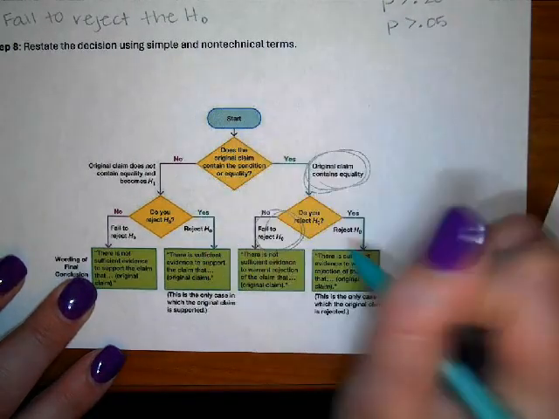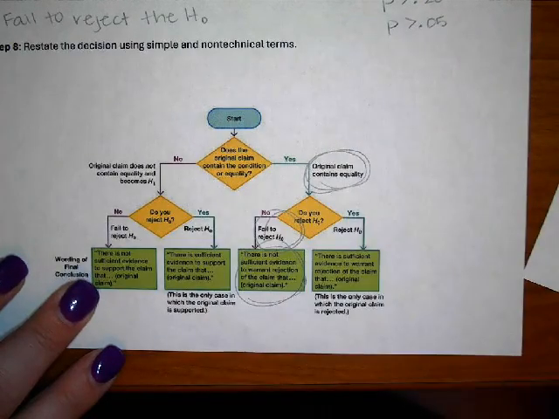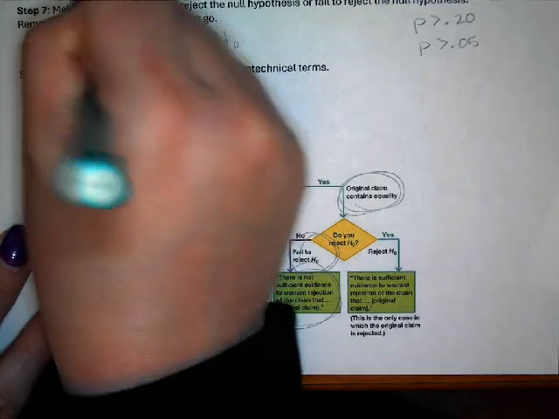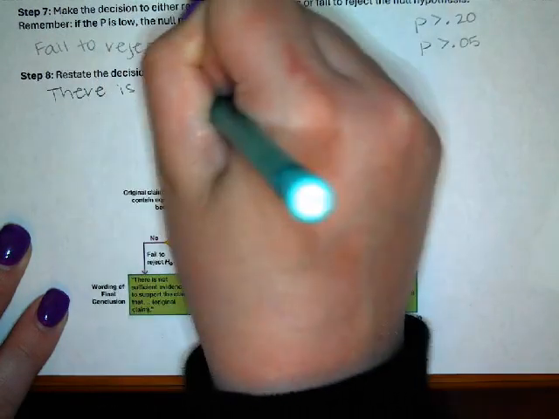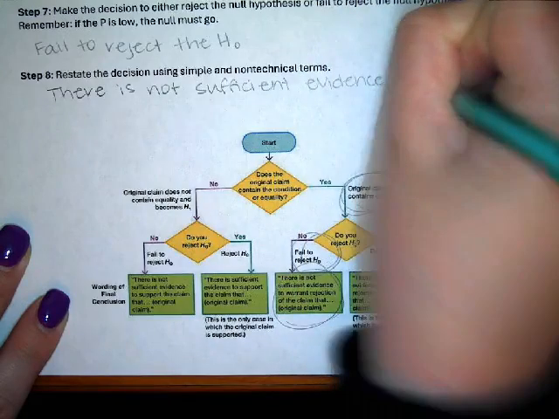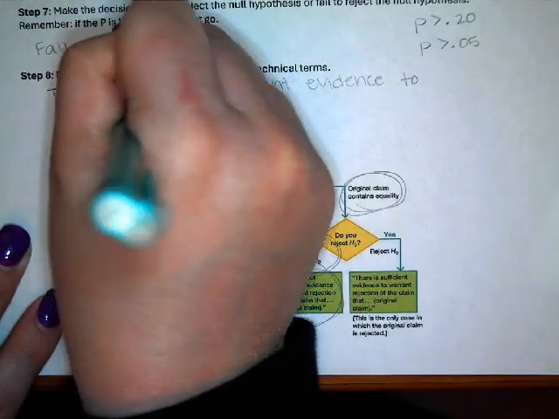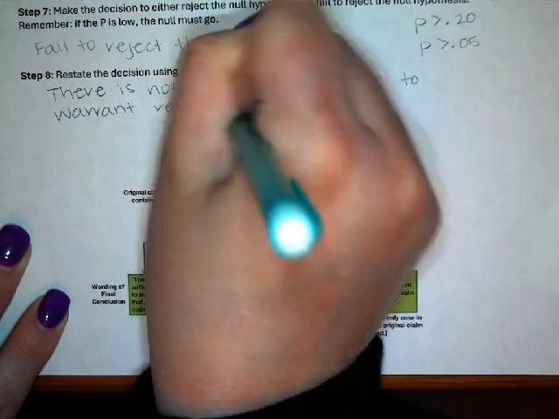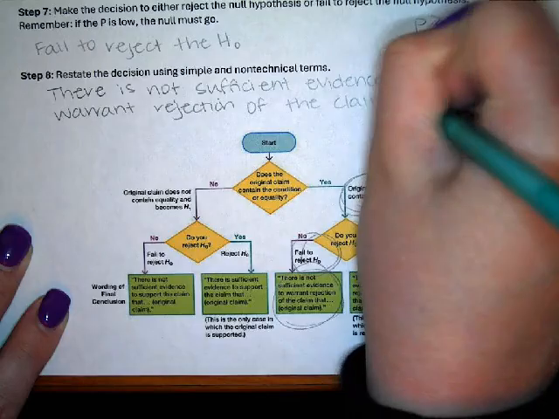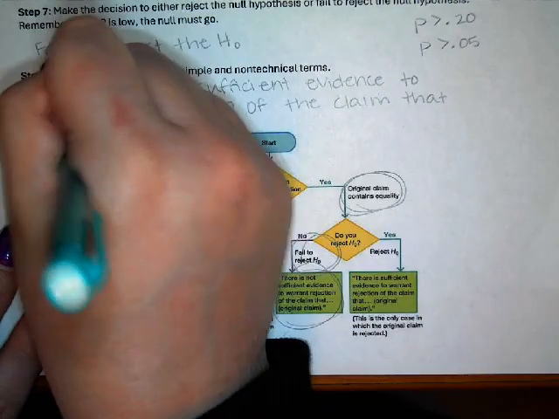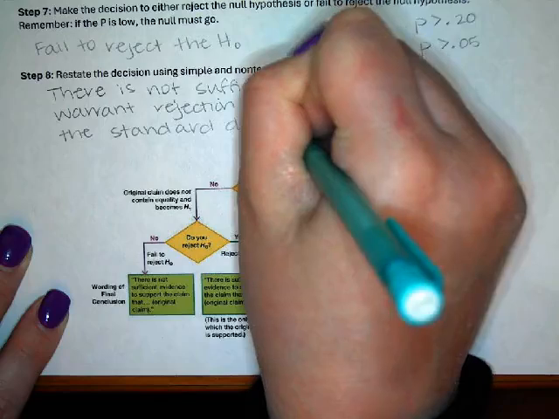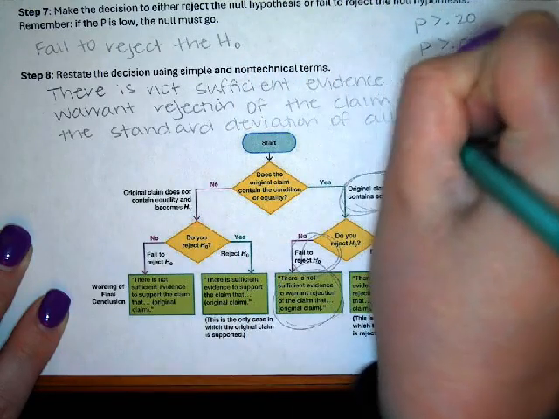So we're going to say there is not sufficient evidence to warrant rejection of the claim that the standard deviation of all speeds on I-280 is 5 miles per hour.